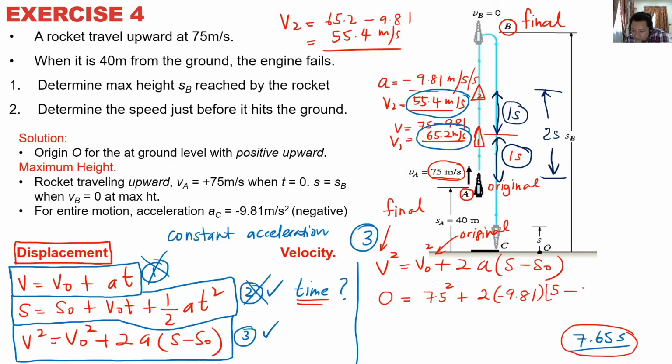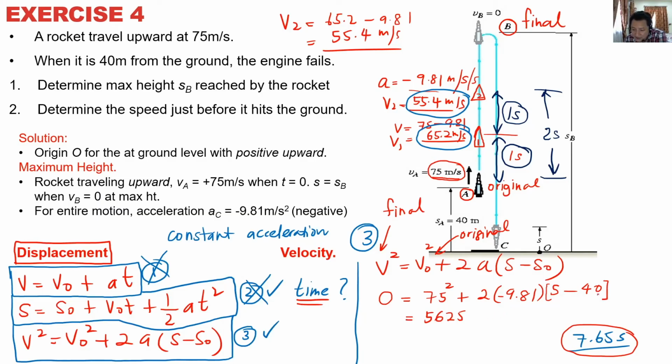So dah tahulah. You have fly away 40 meter. So, berapa? Boleh settle tak? 75 squared. 75 squared. 5625. 5, 6, 2, 5.